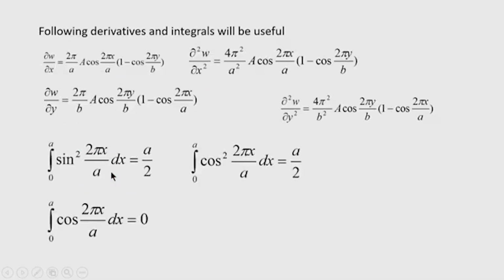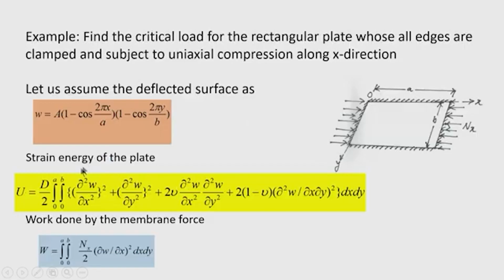Okay. So, now we can see that the strain energy expression has to be computed first, and it contains the second derivative of w, where w is the assumed deflection function, as well as the cross derivative of this function, that is the mixed derivative.